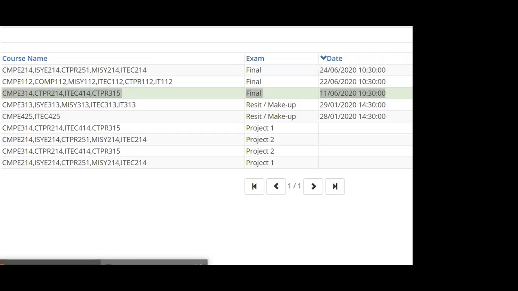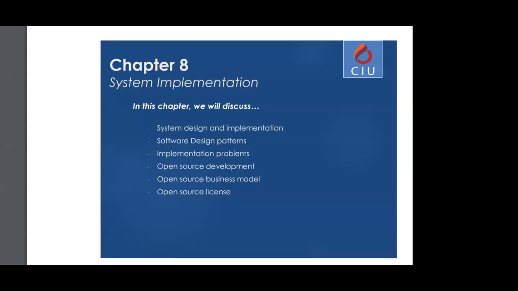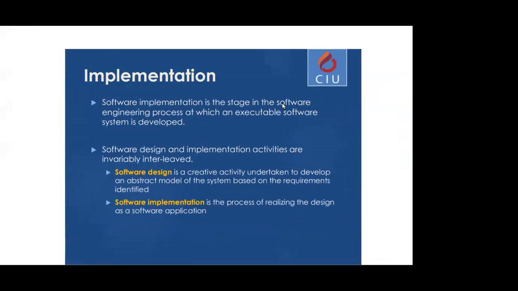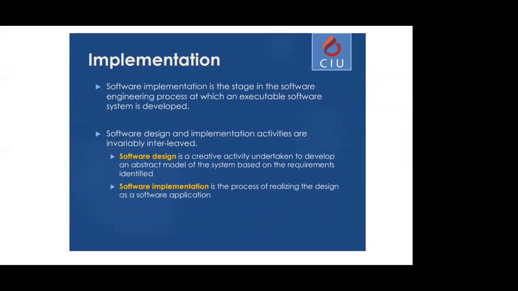So let's go back to the subject for today. As I mentioned previously, implementation is the stage where software engineers produce an executable solution for all the abstract models that they have developed. It is in this stage that the software is running, and it is highly supported by interrelated activities such as system design.